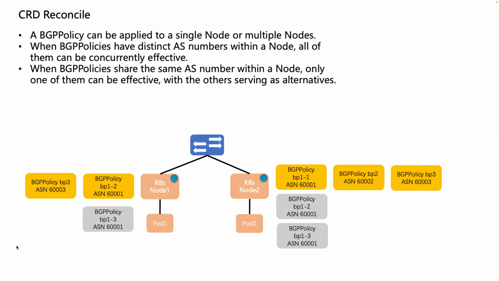But at one point of time only one BGP policy is applied, and only those routes will stay intact. Other routes advertised earlier will be removed from the neighbor after advertisement.